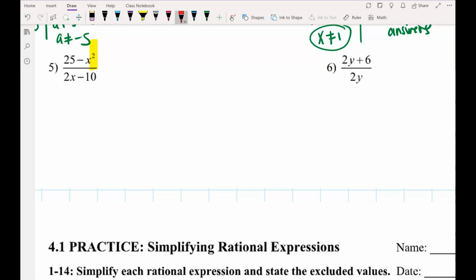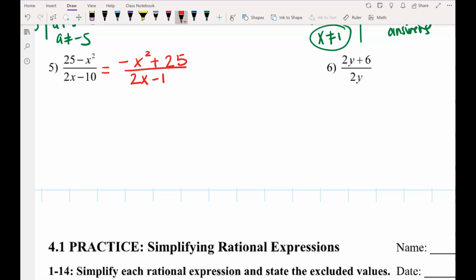All right, example 5, 25 minus x squared all over 2x minus 1. Now, guys, honestly, you can straight up factor it the way this is. I, though, normally rewrite it in descending order, meaning the highest power goes first. So I have a negative x squared, and then plus 25.